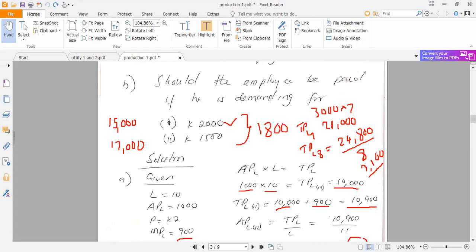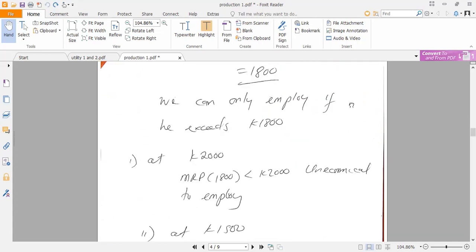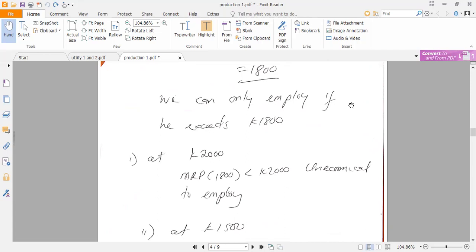But if he's asking for 1,500, he is worth keeping because he has a marginal benefit of how much? 18 minus 15, 300. 300, yes.